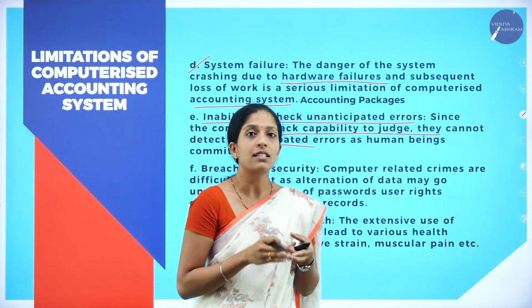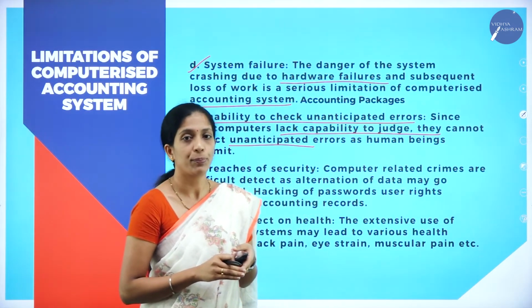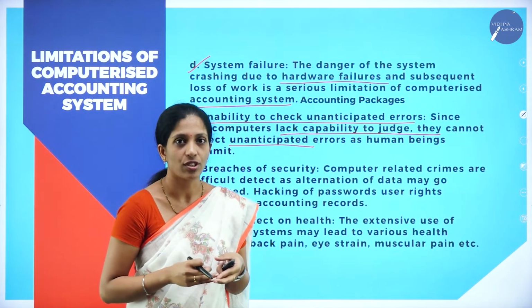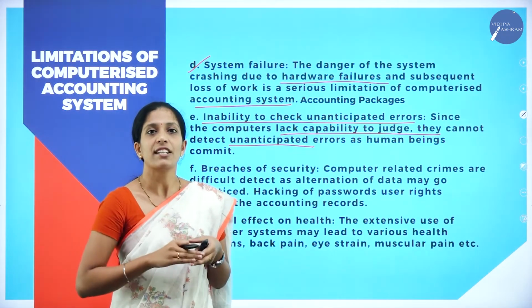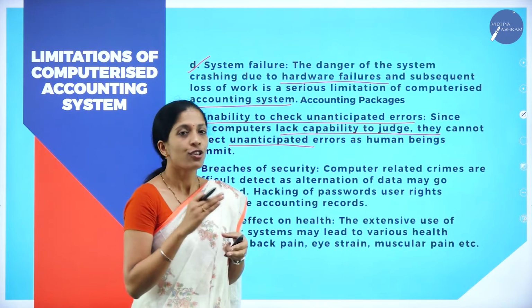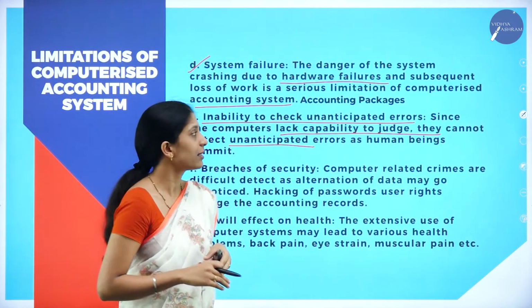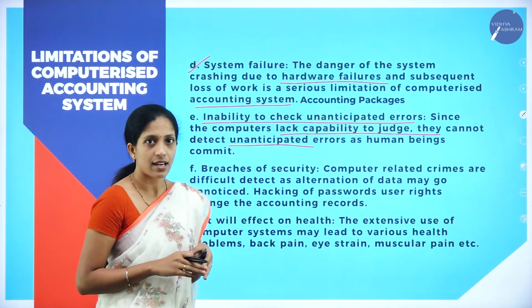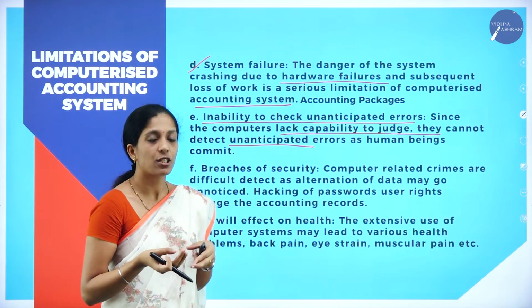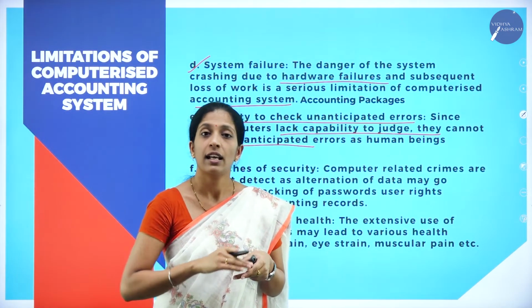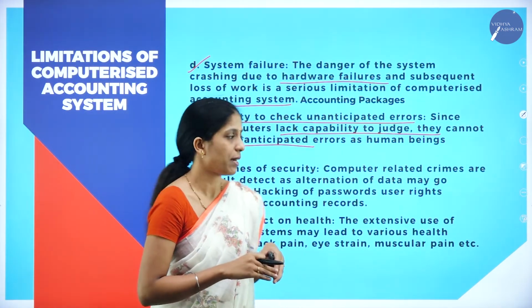If any mistake is committed by the computer system, the computer is unable to judge. It does not have the capability to judge like human beings. So this is also one of the limitations, that is, inability to check unanticipated errors. Whatever errors are made, the computer system cannot take a judgment there like the manual accounting system.